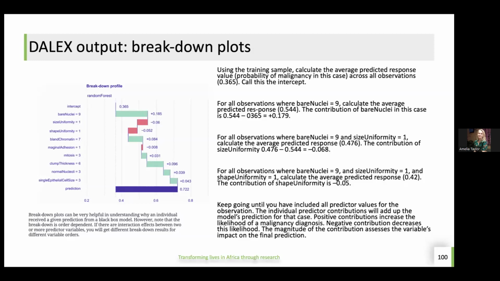And then it's trying to explain how each variable contributes to those scores. So the contribution from bare nuclei would be calculated at that score, and so on.